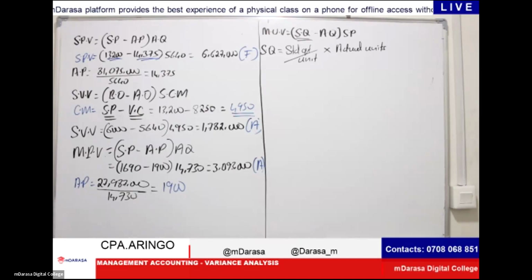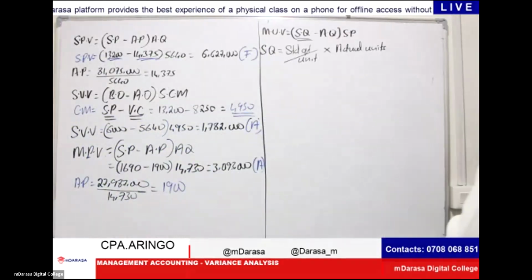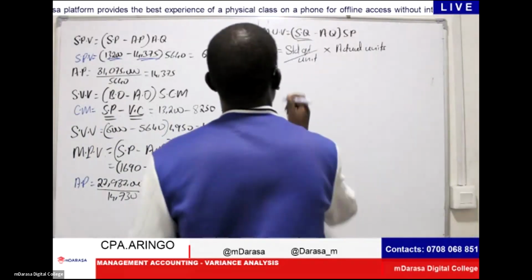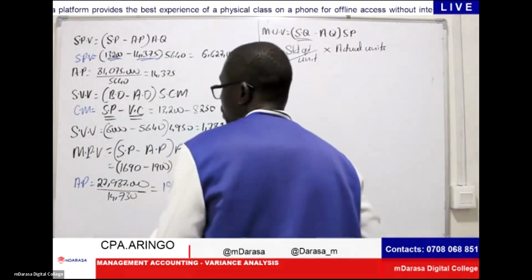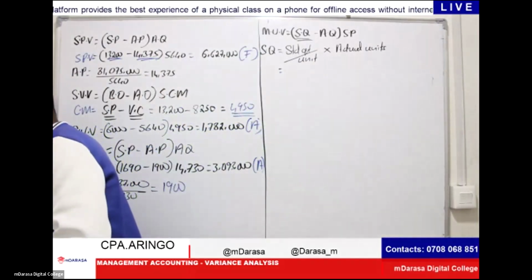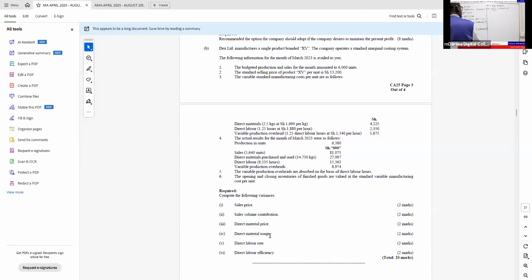So once you have that in mind, this will be the next element. Determine our SQ. To determine our SQ, based on our question here, the standard quantity per unit, what did you have on a per unit basis?